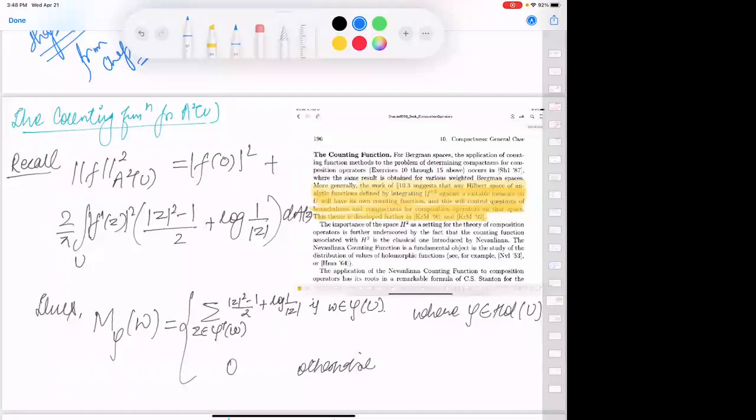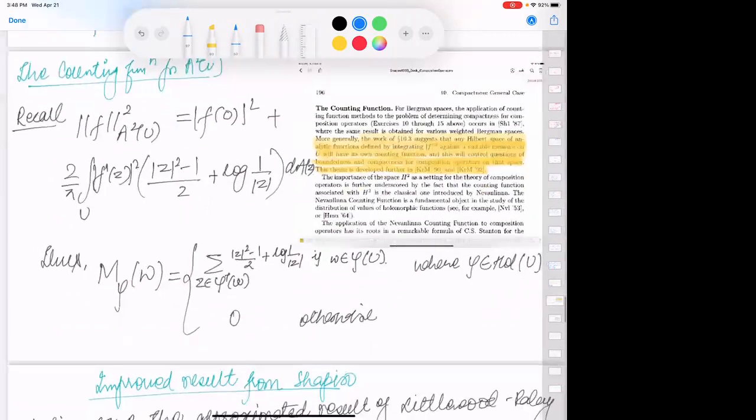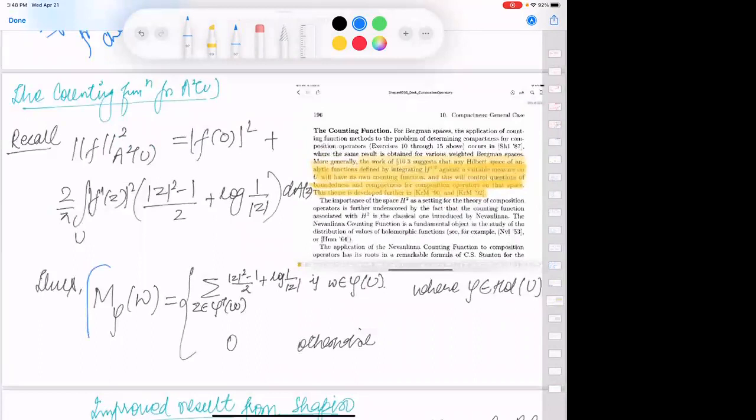According to this excerpt from the book, the right kind of function which does justice to the equality for the Bergman space is this thing that I have written, which I'm going to mark in this blue circle.